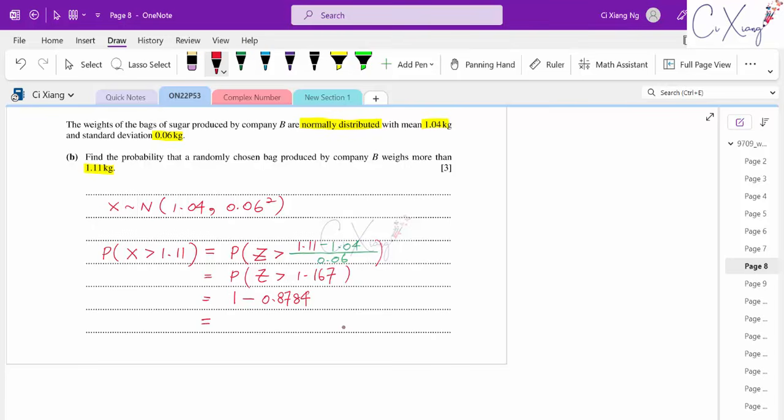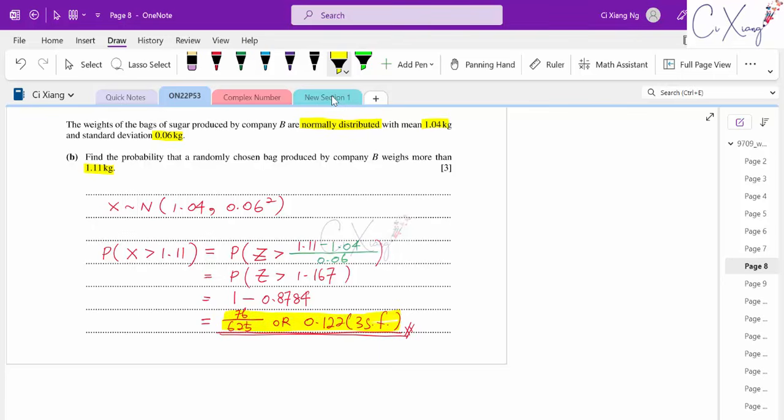The answer that we get for this question, correct to 3 significant figures, should be 0.122.